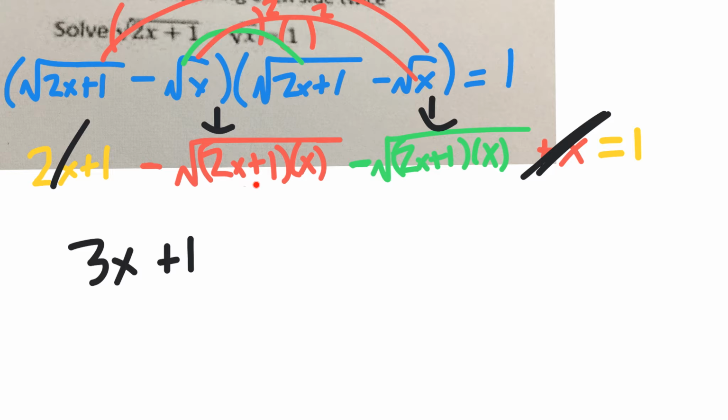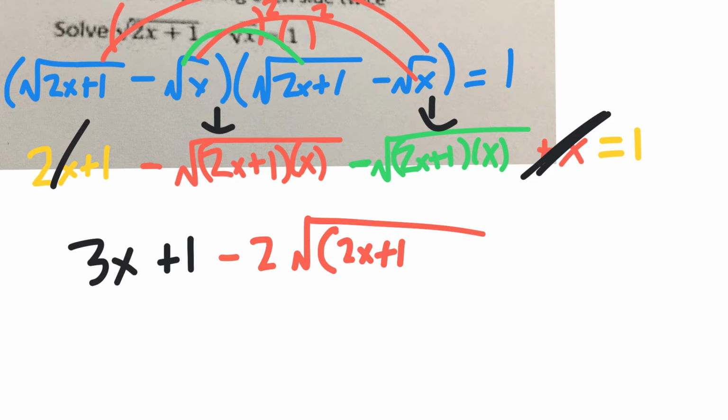What if this was a u? If I had a negative u minus u, that's going to be negative 2 of those u's. We combine the coefficients, so that gives negative 2, and instead of u, we write out the square root of 2x plus 1 times x, is equal to 1.